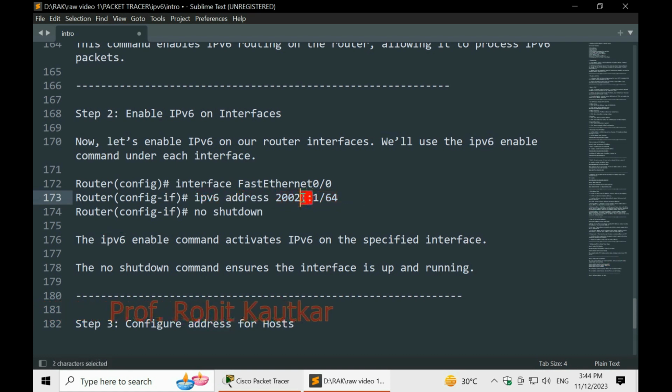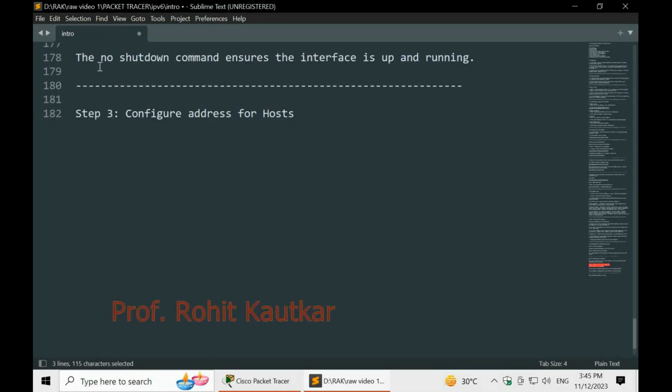In this address you can see we have used a pair of colons. If you expand this IP address, there will be about 6 pairs of zeros. Next we specify the no shutdown command, which ensures that the interface we are assigning the IP address to is up and running. This is the second step. Whatever interfaces you have, you follow the same step and enable an IPv6 address on them.